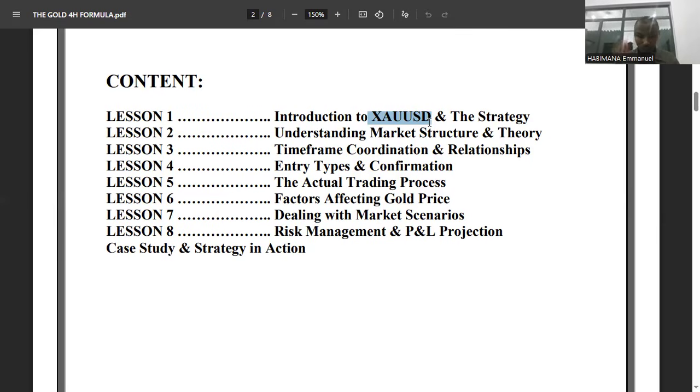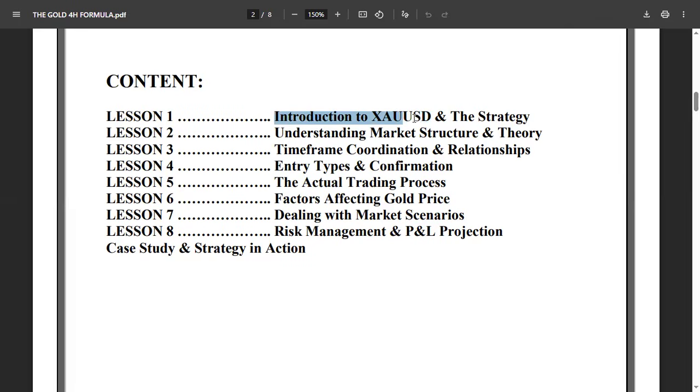So this will be a guideline to all the pairs that you want to trade. You'll be following this guideline to do your analysis, to do your research on the pair, any pair that you trade. This is the topic you need to listen so much.